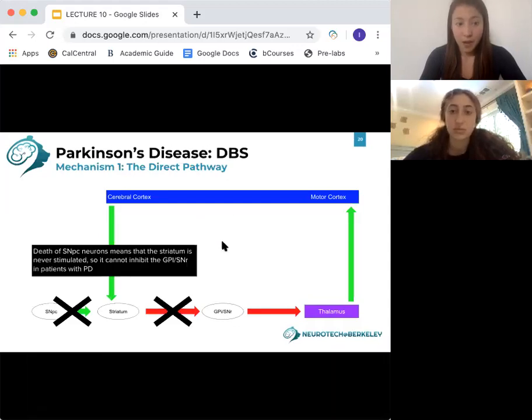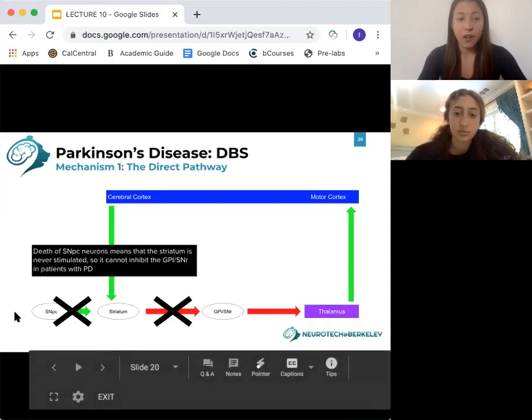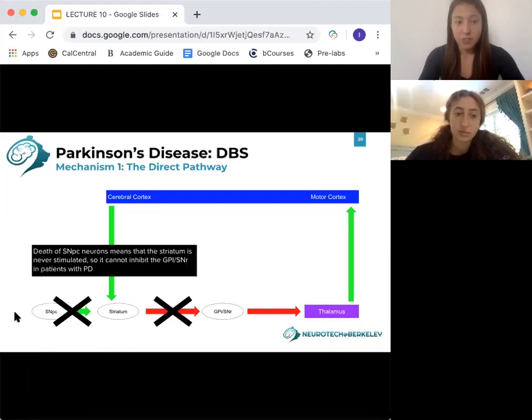So in the direct pathway, the SNPC neurons die off, which means that the striatum is never stimulated, so it cannot inhibit the GPI and SNR in patients with Parkinson's disease.